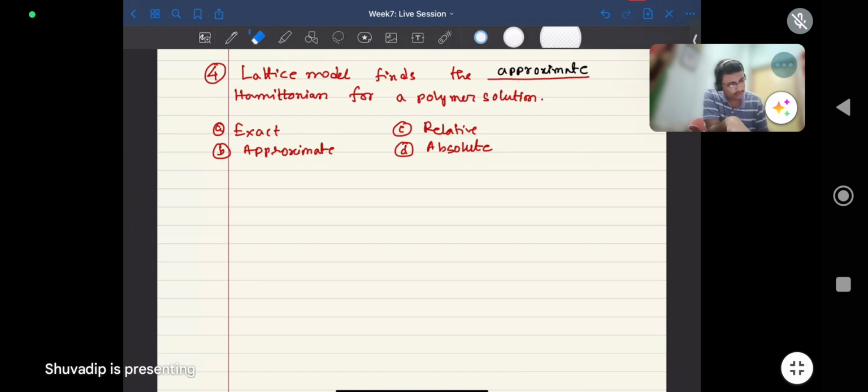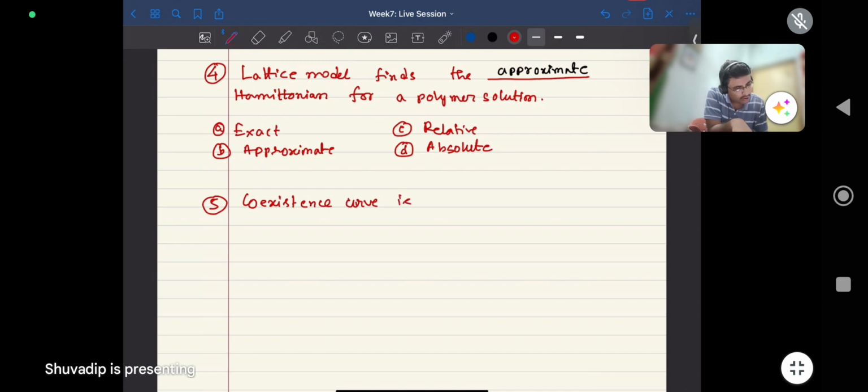The next question, we'll discuss now in detail. Coexistence curve is also known as option A binodal, B spinodal, C bimodal, D critical line.